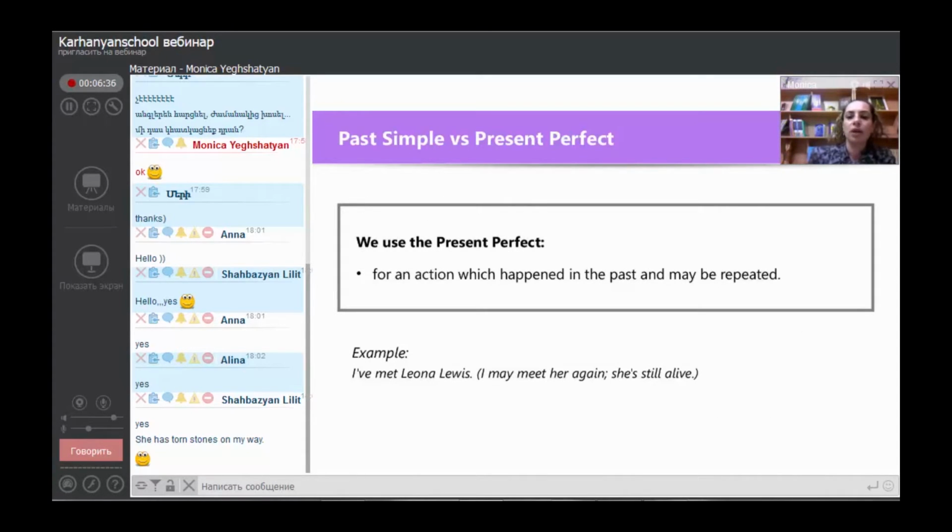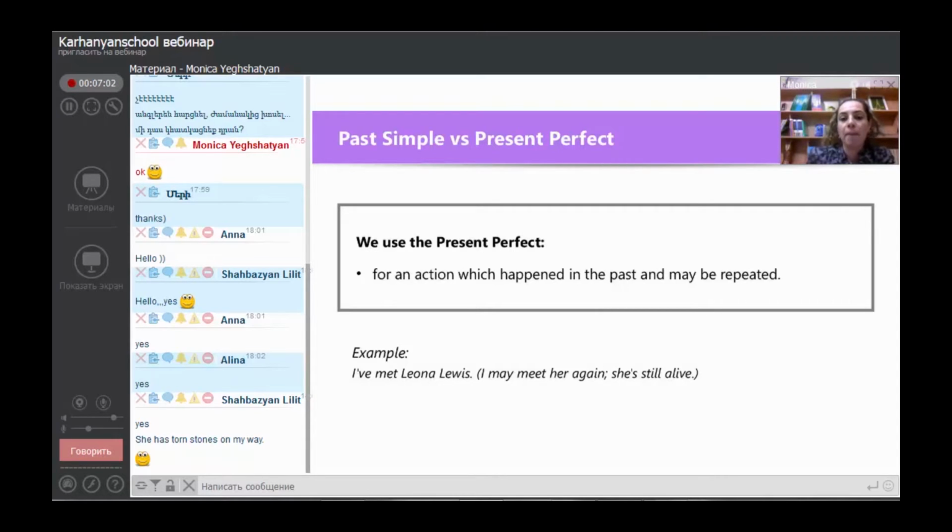We use the present perfect for an action which happened in the past and may be repeated. For example, I have met Leona Lewis. Okay. It is possible that we can meet her again. I may meet her again. She's still alive. But for example, I met Princess Diana.